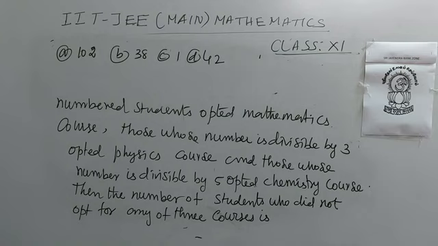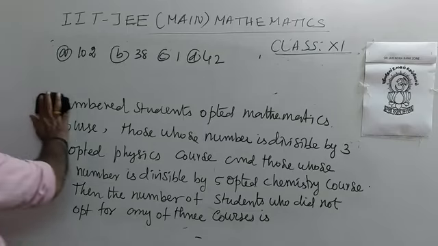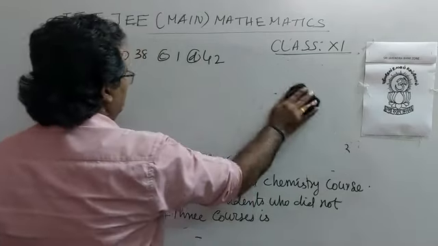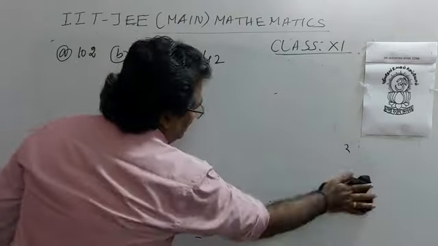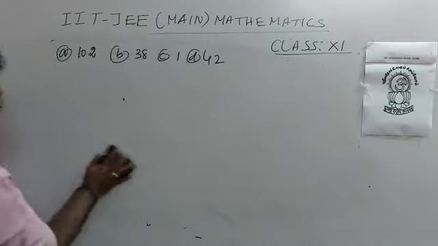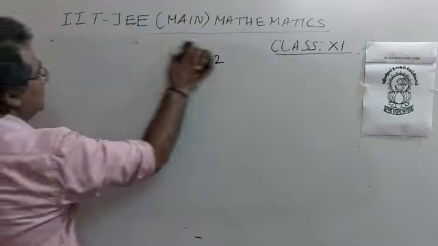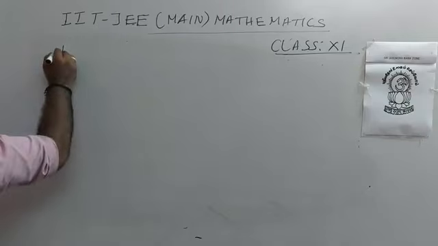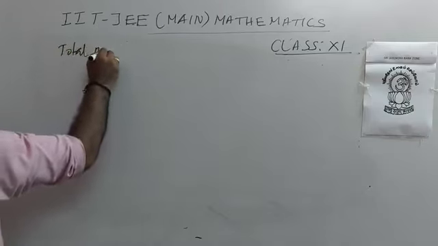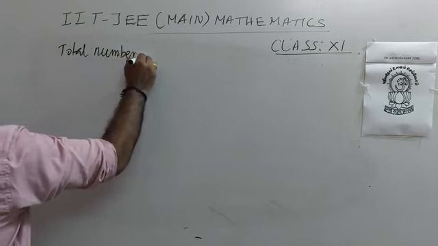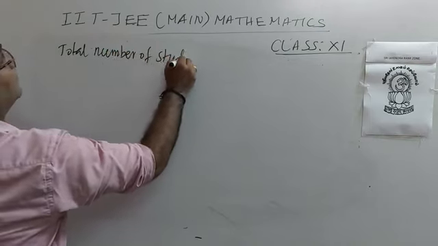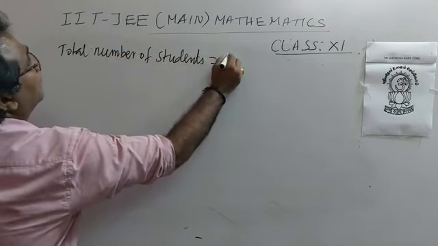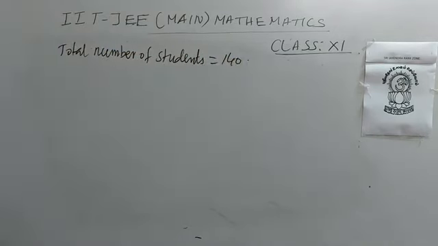Then we have to find the number of students who did not opt for any of the 3 courses. So total number of students is 140.